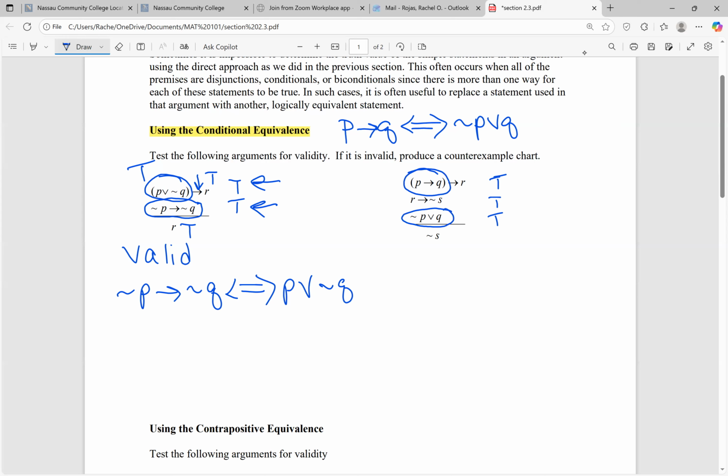So if not P or Q is true, then that means that P implies Q is also true since they're equivalent. So the left-hand side of this conditional statement in the first premise is true. And in order for the premise to be true, R has to be true, the right-hand side as well. It can't be false, or else the premise would be false.